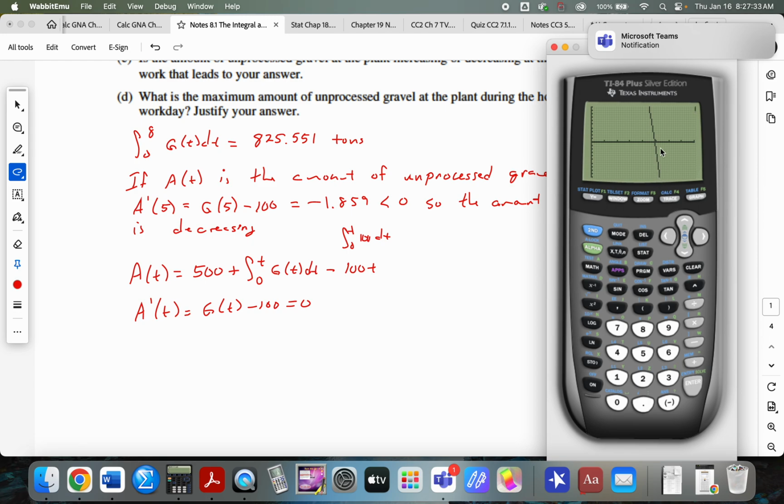Oh, and there it is. So I need to find where that is. Find the 0. And it's 4.924.